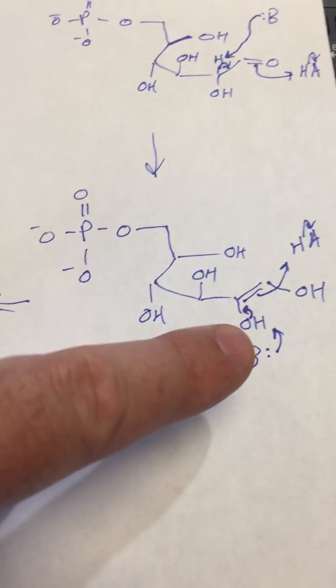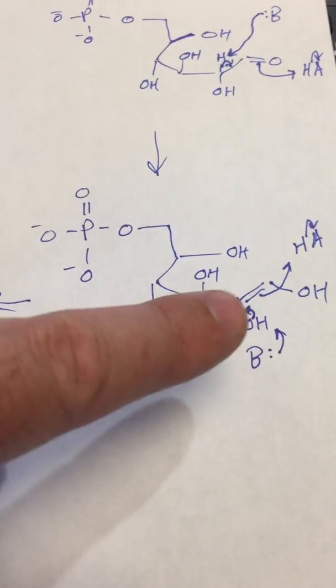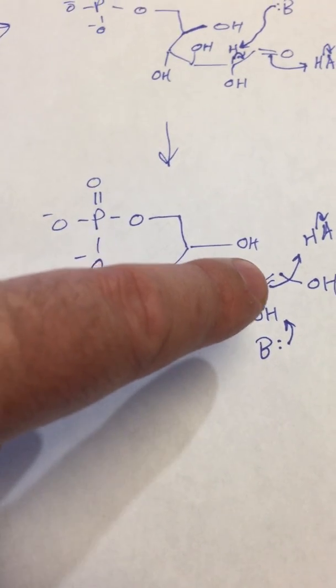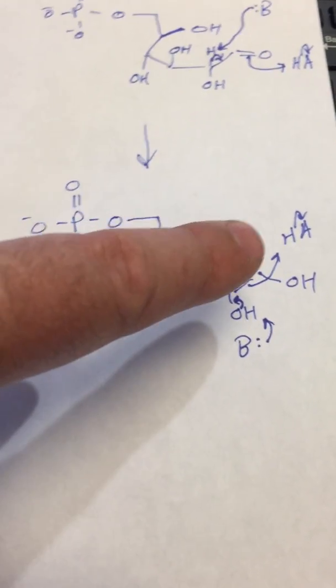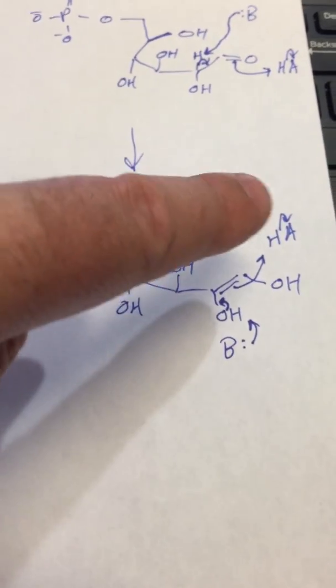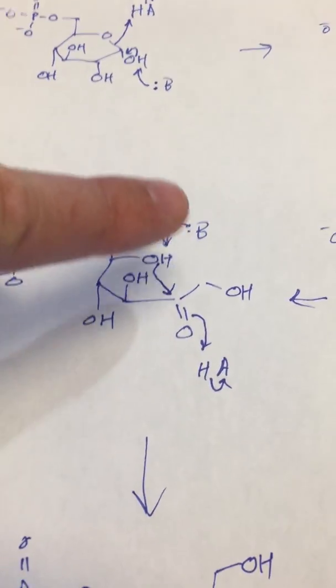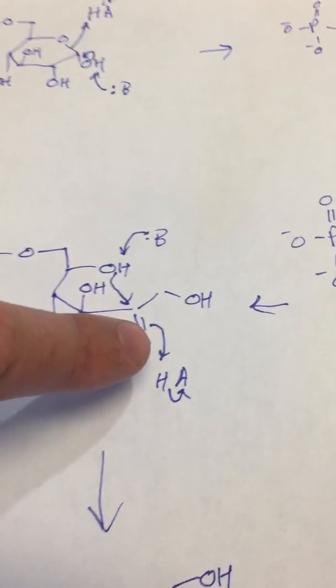A base is going to grab that H+, and that frees up the lone pair of electrons to form our carbonyl. And now the alkene electrons are going to get protonated from some acid in the active site. They'll grab an H+ from it and push the electrons over to that acid. And now at this point, we've effectively moved that carbonyl over to carbon number 2.